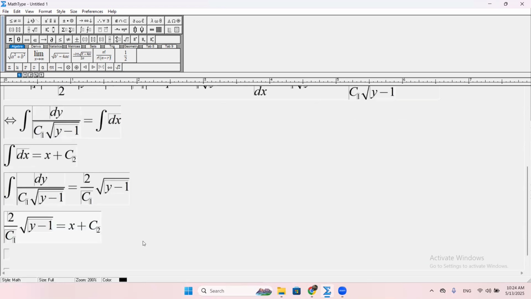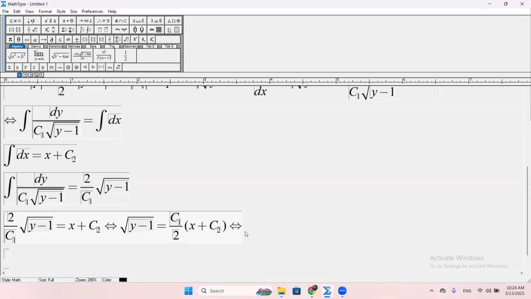And by the way, we can even now extract y. So this square root equals c1 over 2 times x plus c2.